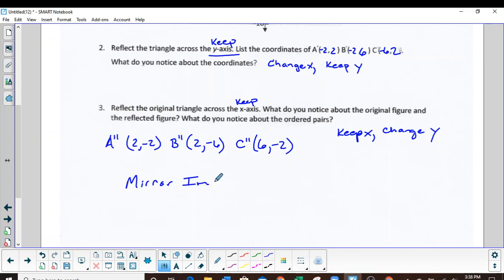I guess that's what reflection is. And what do you notice about the ordered pairs? Well, it's what we did earlier. The x stayed the same, and the y, you could call it opposite. That's what we did when we changed it. Okay, it's good to go.